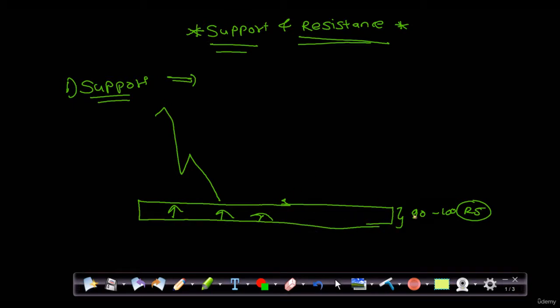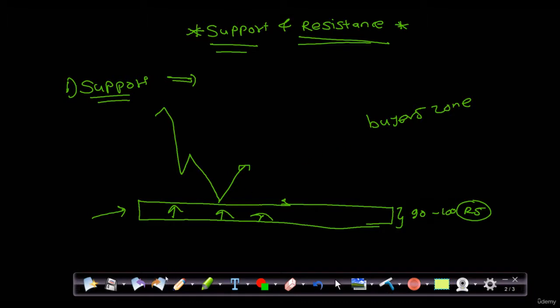So buyers are interested to buy at 90 to 100 rupees. Then when the market is falling, it will start moving upside from this position, and this is called support. Support is nothing but the buyer's zone.